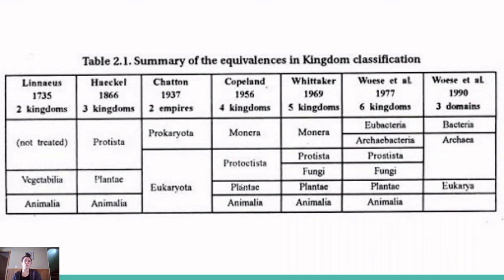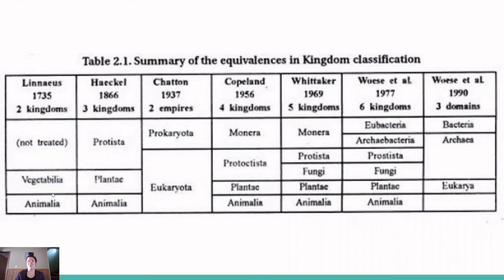Then as we got to know more, we're back to plants, animals, protists, Monera. We went to 5 kingdoms, where those bacteria are all still together, but we have the other 4. Then we went up to 6 kingdoms, and now we've decided to go with 3 domains, and we still have those 6 kingdoms. There are a lot of similarities, but basically we just added more throughout the years as we learned more about their structure and the differences between them.